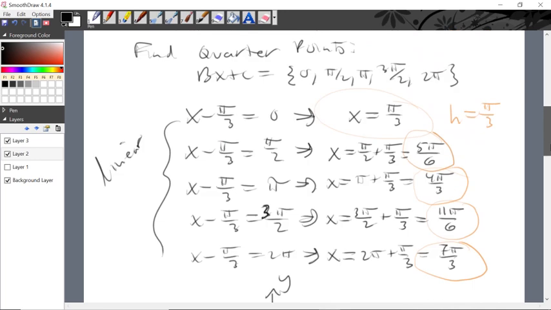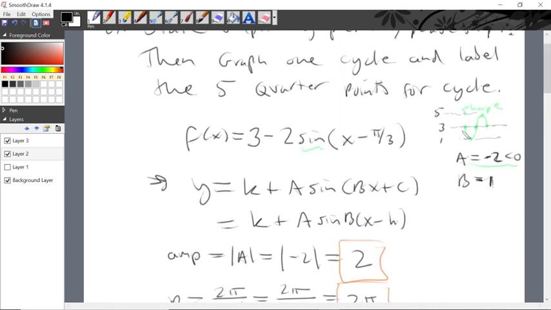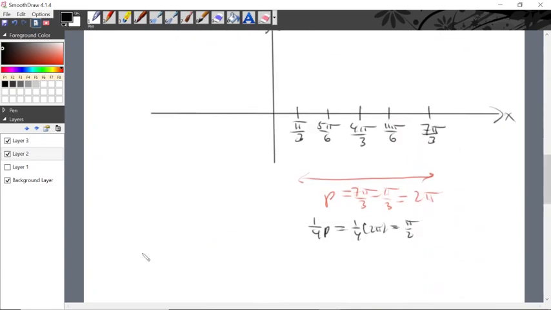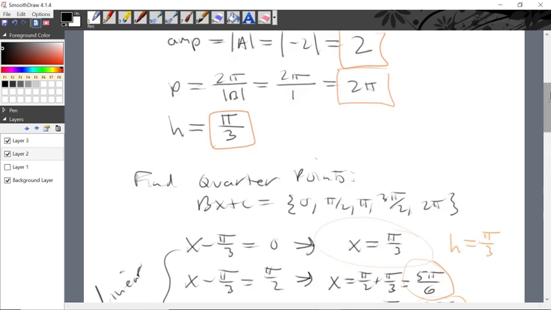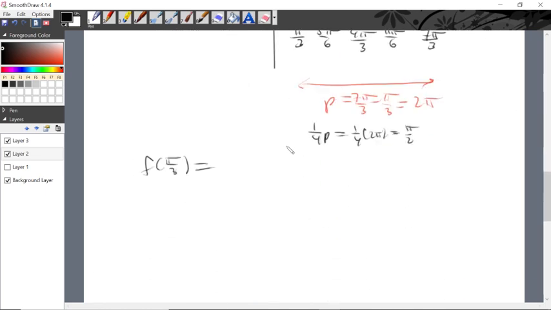Now, what about the y coordinates again? Really what we can do is find f of each of these quarter point values. For instance, what is f of pi over 3 for our function right now, where the function was 3 minus 2 times the sine of x minus pi over 3?